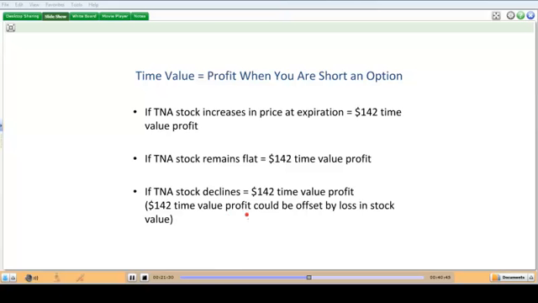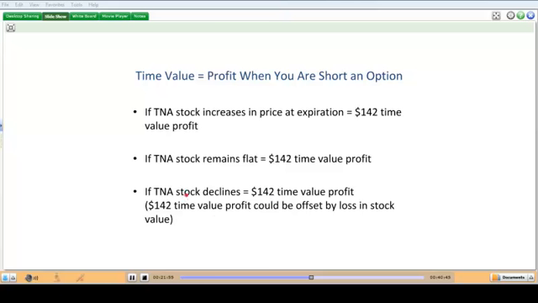So this just shows you the three different types of scenarios. The stock either goes up at expiration, it remains flat, or it declines. And in each case, you're going to collect that $142 in time value, and it could be offset if the stock declines, depending on the amount of the decline.